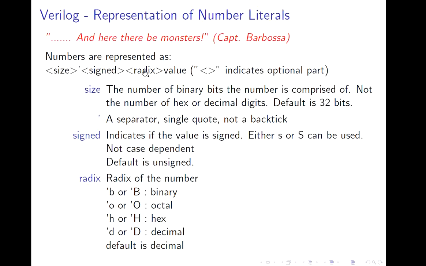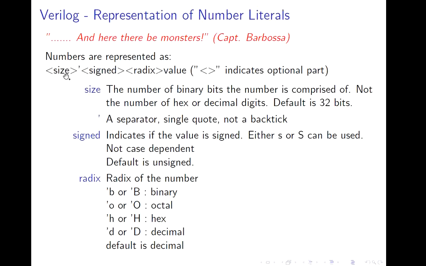Like for example, I write B and then I write 1 0 0 0, and then I represent whether it is signed or unsigned by using the alphabet S. If I don't mention the size, then though you have given the number as 1000, and it is quite visible that the size is 4 bits, since you have not mentioned anything over here, the default size that will be stored in the registers of your Verilog synthesis block will be 32 bits until and unless you mention it.